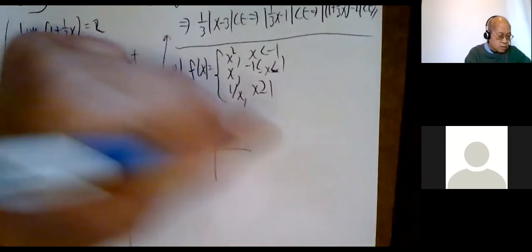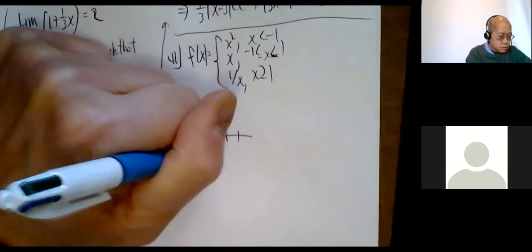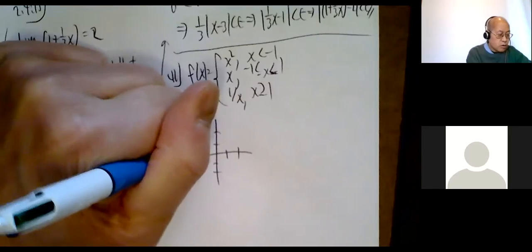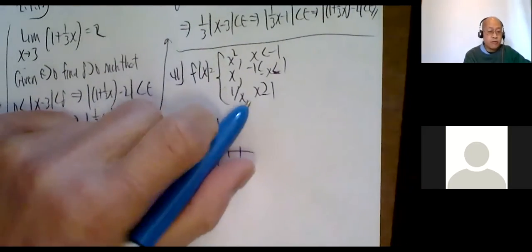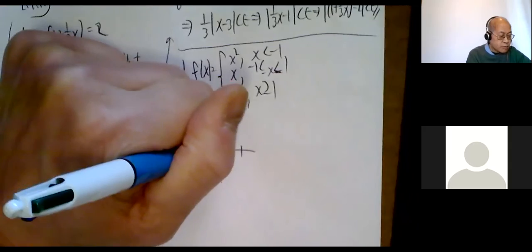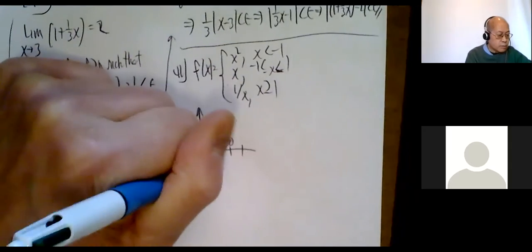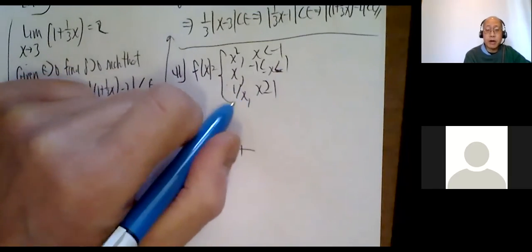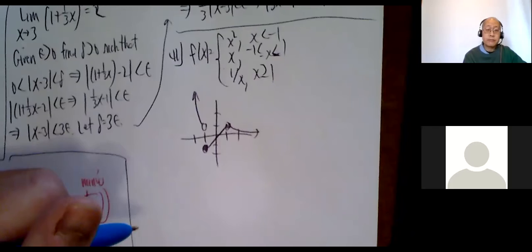This should actually be strictly like so. Okay, so very quick graph. x squared, x is less than -1. Open circle, I know it's a parabola, goes like that. x from -1 to 1, that's from there to there. And let's see, including this point, not including this point, and then over here, 1 over x. When I plug in 1, I get 1, so that closes up the hole. So there's the graph.